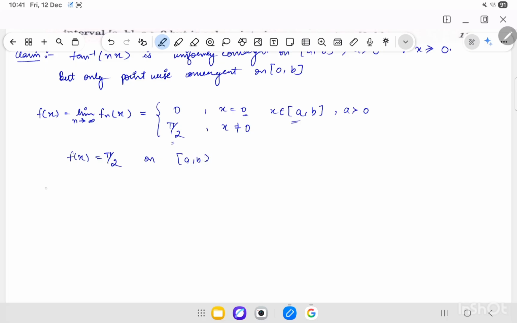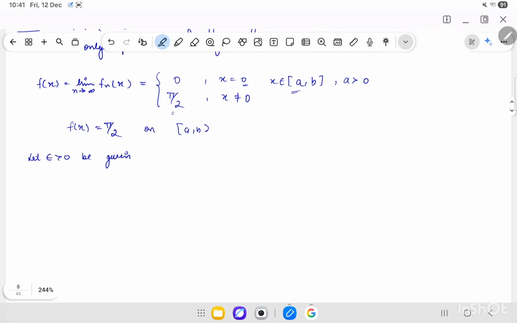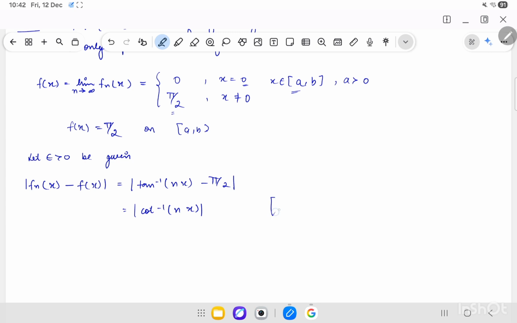Now let epsilon greater than 0 be given to us. Then if I evaluate the absolute value of fn(x) minus f(x), it will be equal to tan inverse nx minus pi by 2, which will be equal to cot inverse nx, because we have a result which states that tan inverse nx plus cot inverse nx is equal to pi by 2.